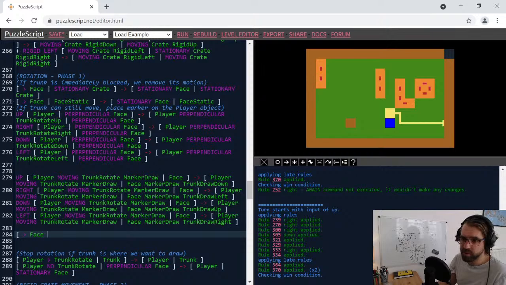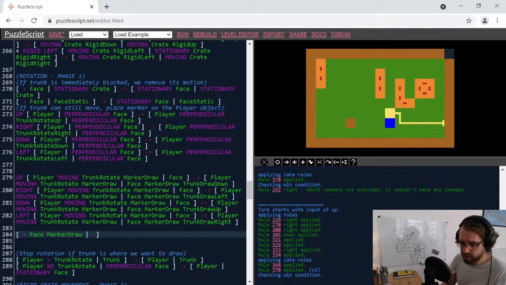Right, yes, because this only happens. So if I say marker draw on the face, and then basically if the next cell has a, depends what this is basically. If the next cell, yeah, okay, this is not too bad.